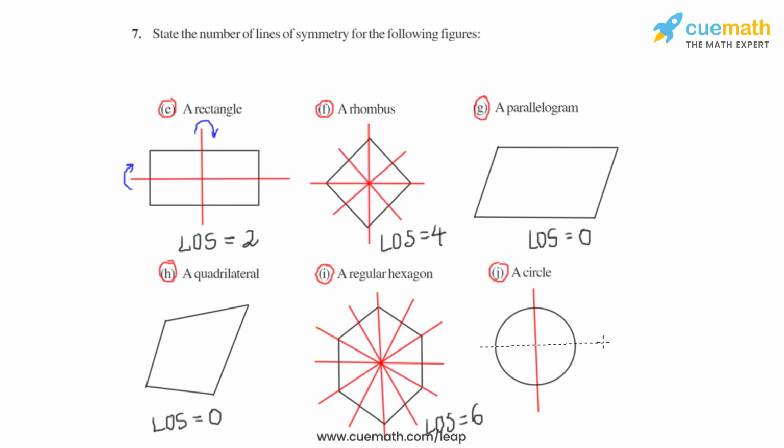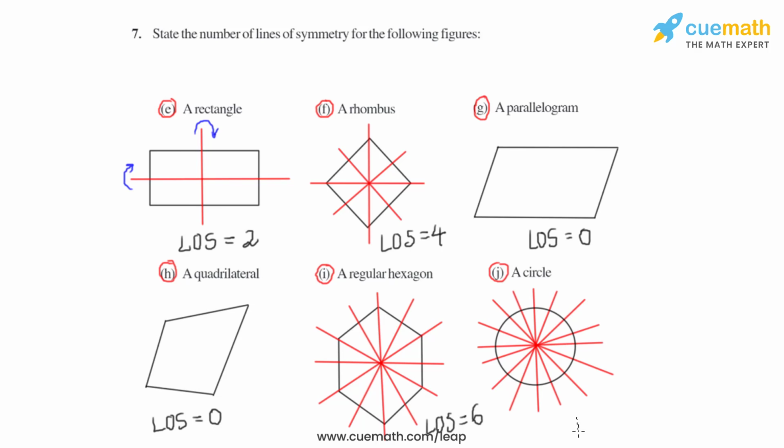So will this line, and this line, and this line. If we continue to draw lines, we'll see that we can draw multiple lines passing through a circle, as many lines as we can draw.